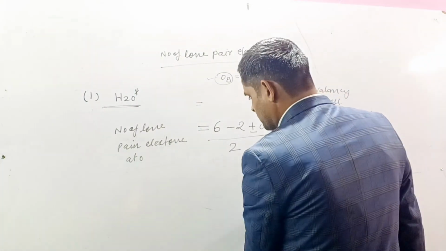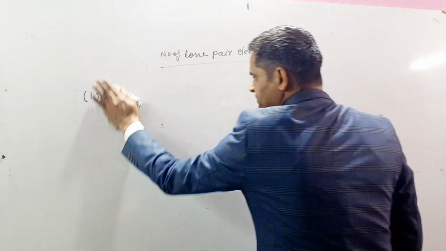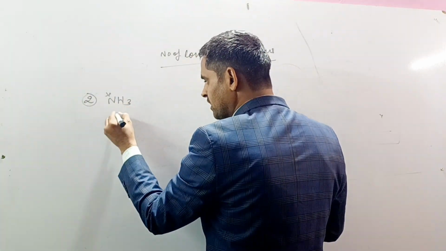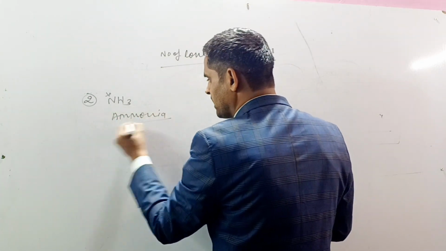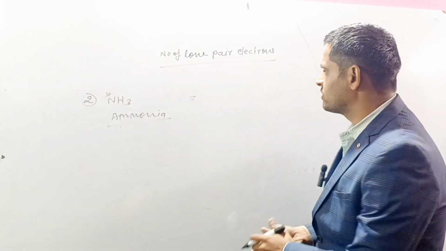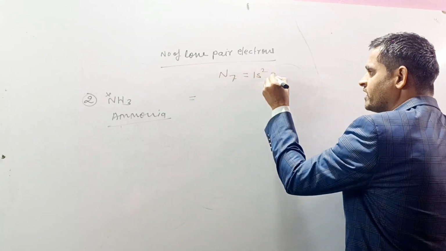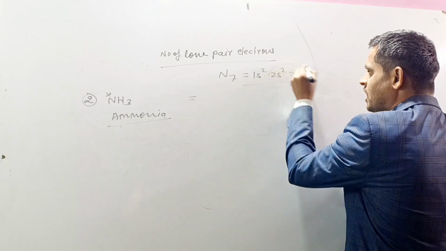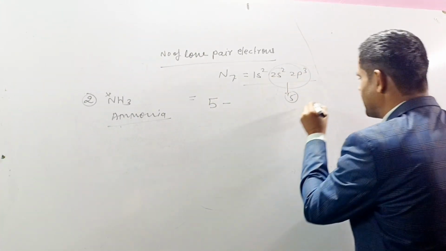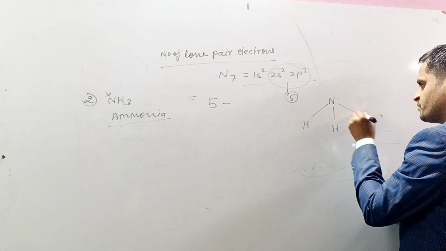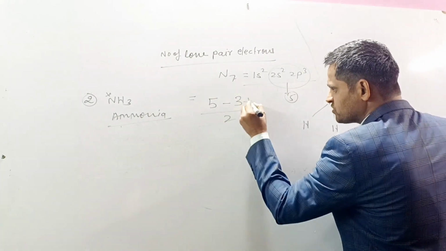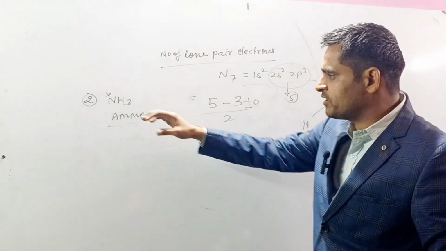Now the next example is ammonia, NH3. The number of outer shell electrons in nitrogen: the atomic number is 7, electronic configuration 1s2, 2s2 and 2p3, so outer shell electrons are 5. Now 5 minus the number of covalent bonds; the ammonia structure is pyramidal in shape, showing 3 covalent bonds, divided by 2, plus minus charge is 0 because this is a neutral atom.